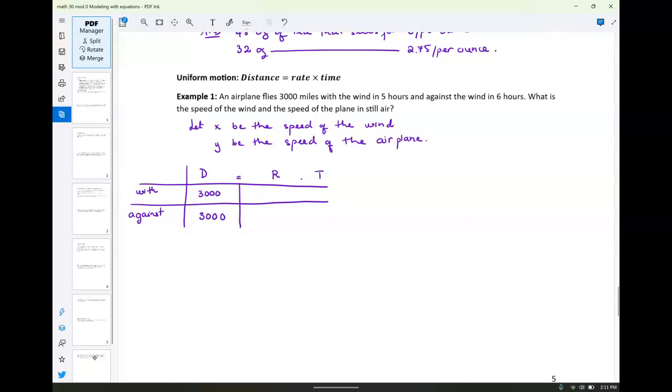When we fly with the wind, we add the speed of the plane and the wind. When we fly against the wind, we subtract the speed of the wind. With the wind, we go faster, so this takes 5 hours. But going against the wind, it takes longer, so this is 6 hours.